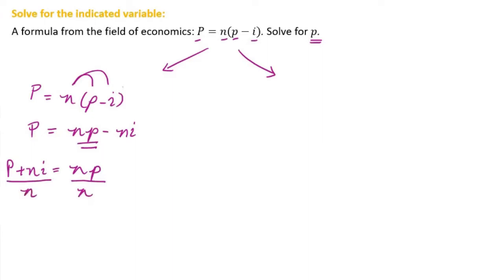Be careful to divide both of the terms on the left-hand side by n. So these cancel, and we have p, I'll just write it on the left-hand side here, is equal to capital P plus nI, all divided by n. And that's a perfectly fine answer.